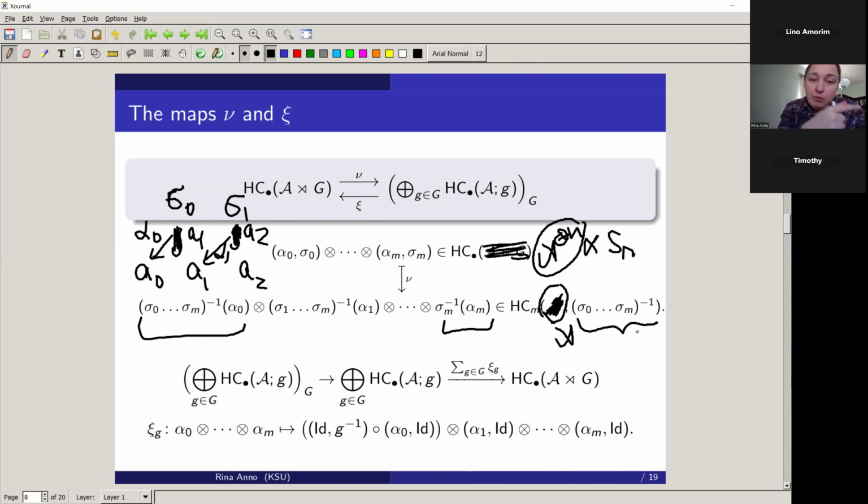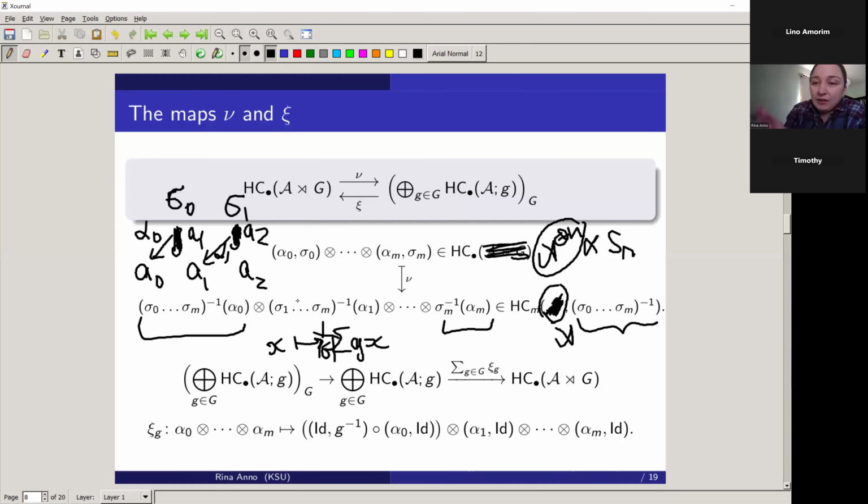And so the map to the other side: we take coinvariants and then we symmetrize. We map an element X to the sum of all gX, probably with one over the size of G. We can choose any representative in the coinvariant class; this map is well defined on the coinvariant classes.